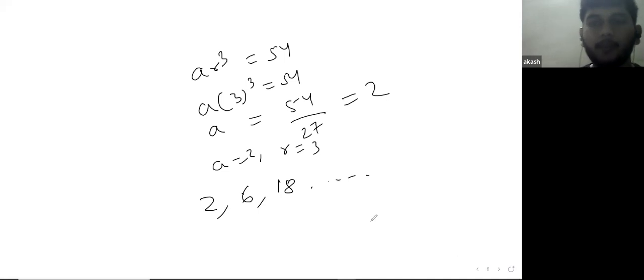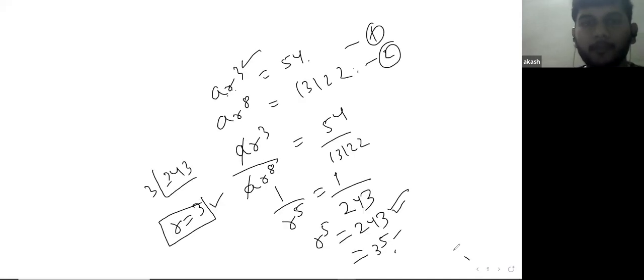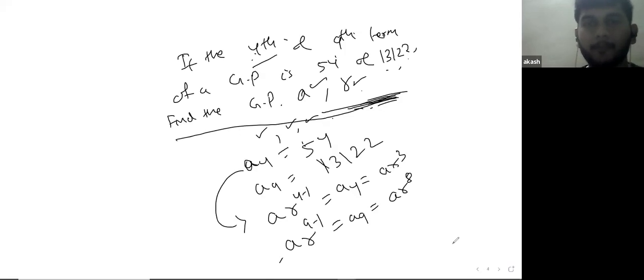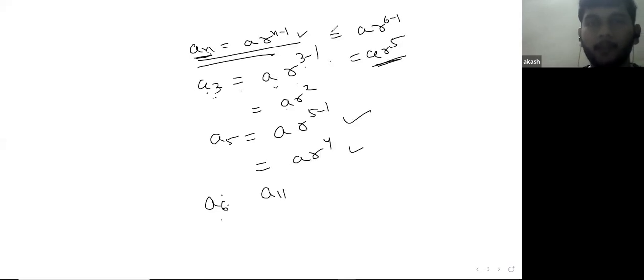Okay. Write down a formula, sum of first n terms of a GP. All right. Sum of first n terms of a GP.